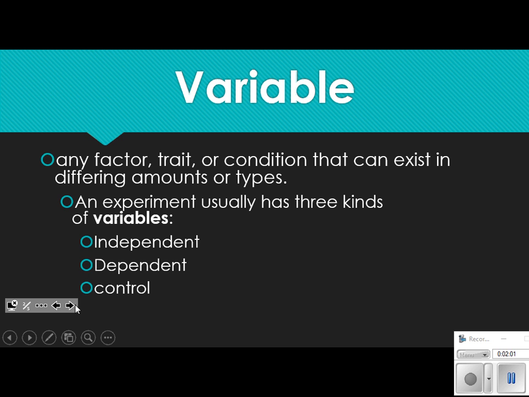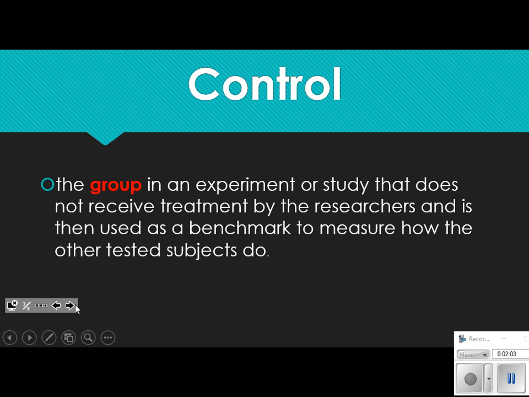So as we talk about these, let's first talk about a control. I'll give you a little bit of time here to copy it down before we talk about it.